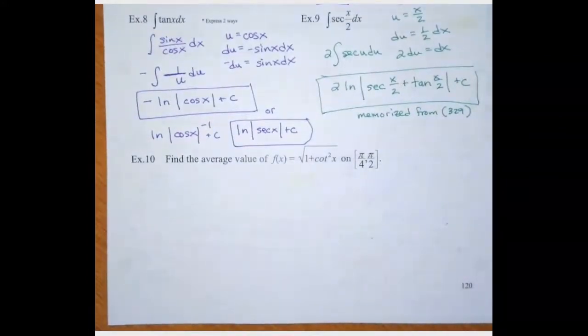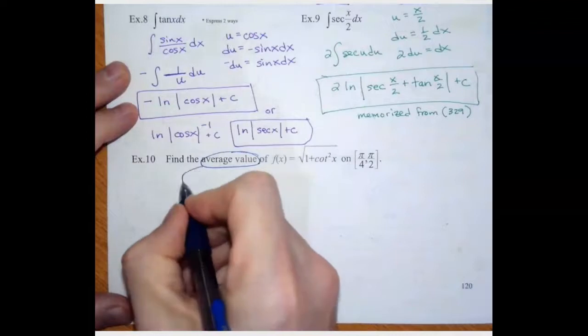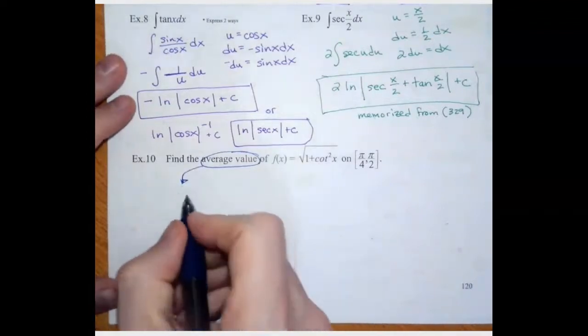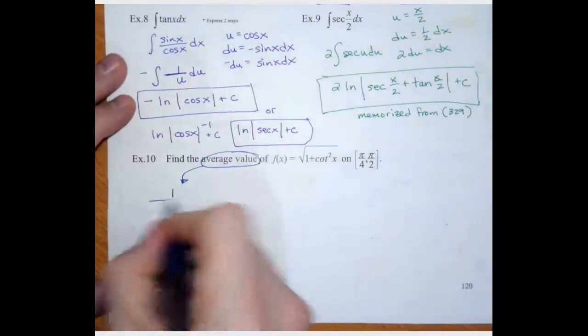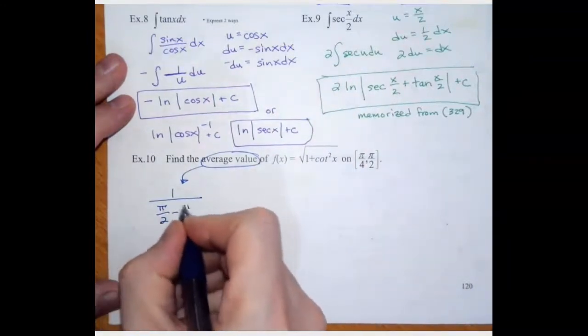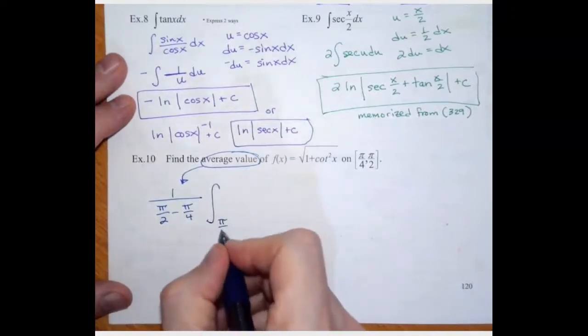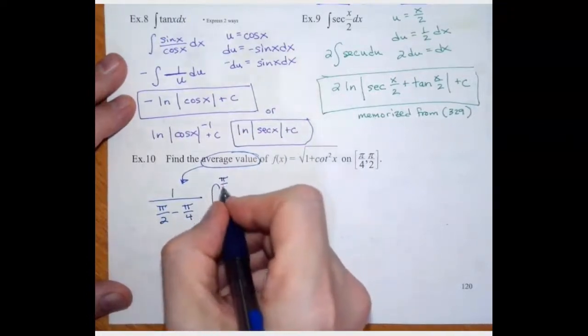Okay, so we keep going here. As soon as you see average value, you should be doing 1 over b minus a, so that's 1 over that, and then from there to there.